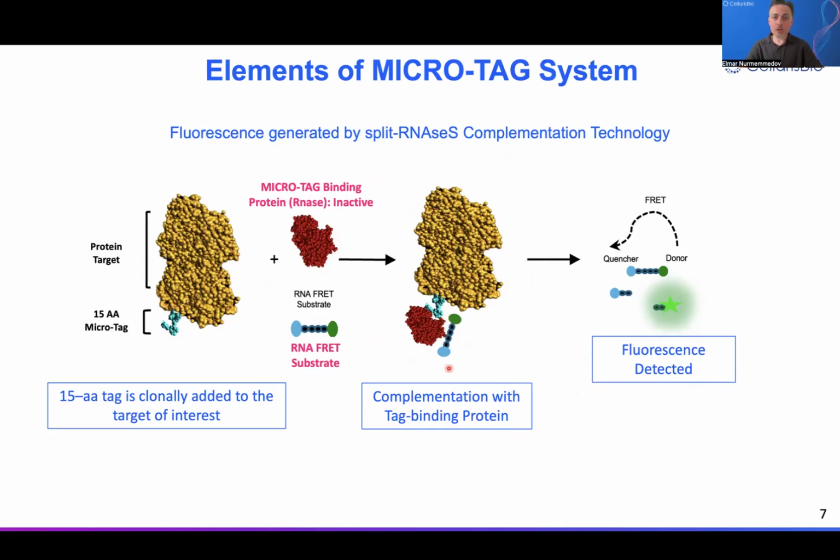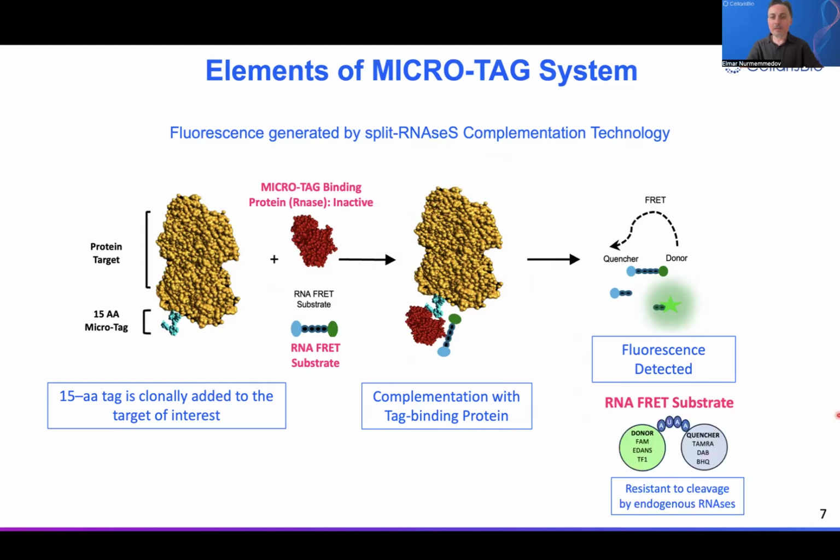By virtue of enzyme complementation, you will generate an active RNase enzyme, which would cleave the FRET substrate in a way that is directly proportional to the level of stabilized and soluble target protein. As a result, you have fluorescence signal that can be detected in various types of machines.